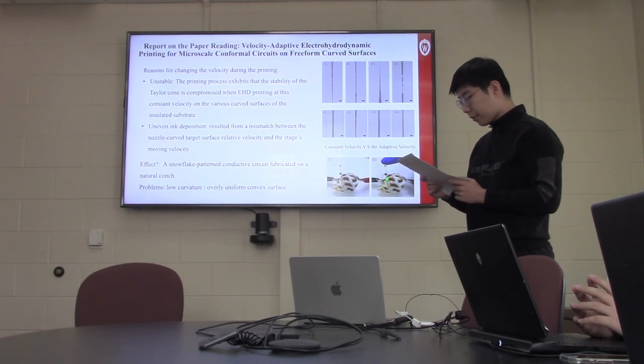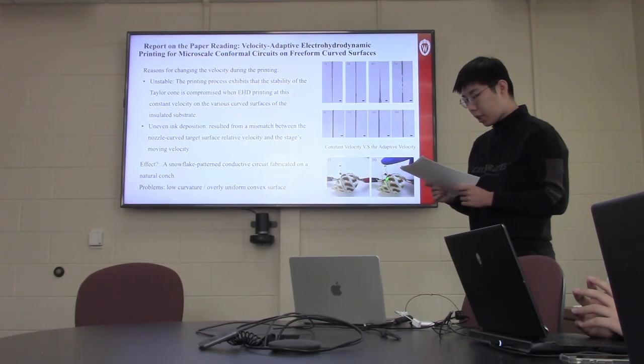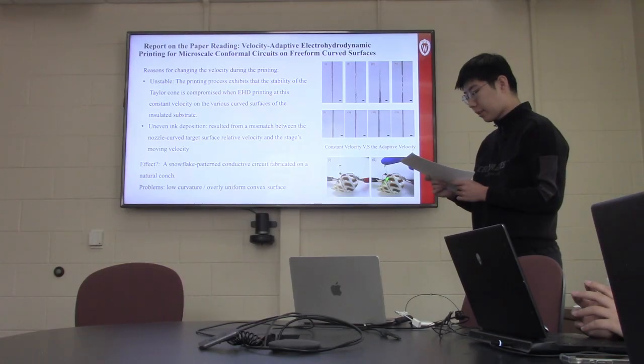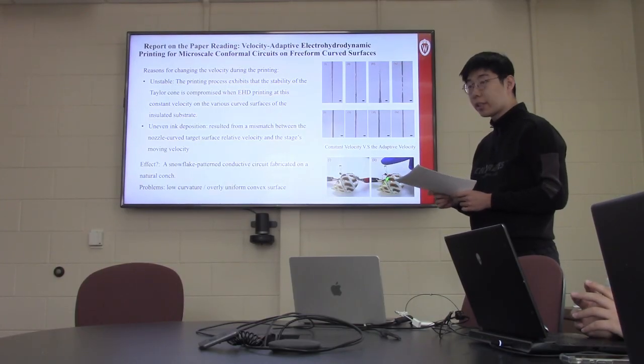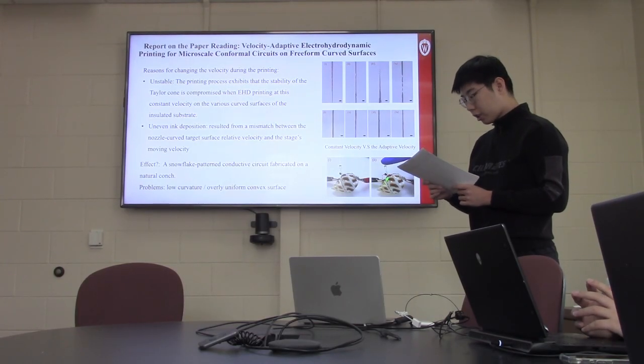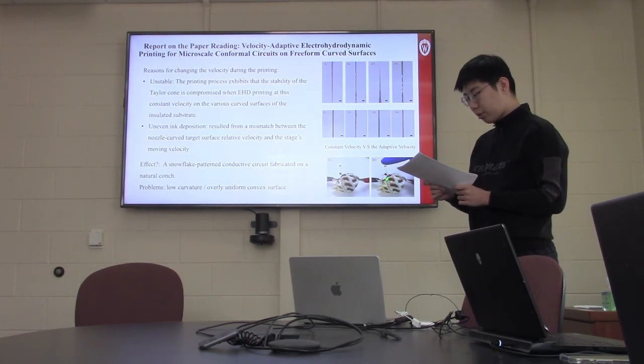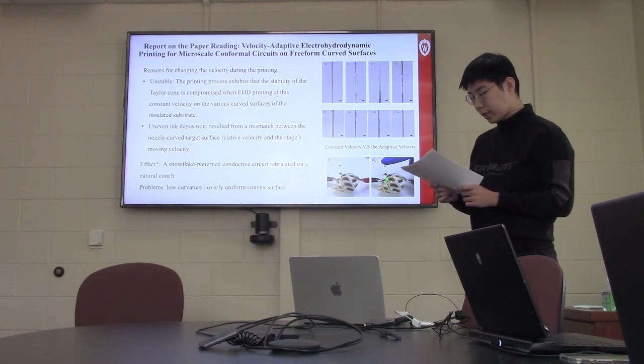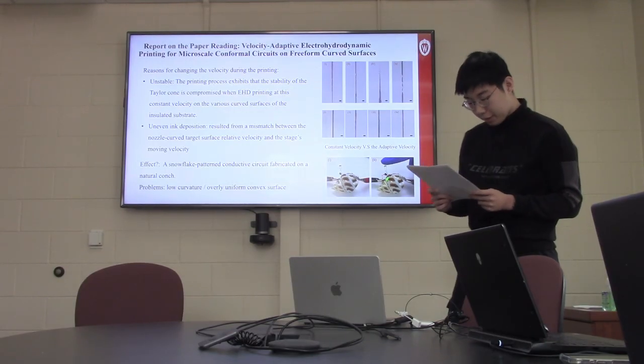Because of that, the benefits of adaptive velocity didn't really stand out in this example. When printing on complex surfaces, especially those with significant and uneven curvature changes, frequent speed variations can lead to reduced printing efficiency. Therefore, we aim to ensure efficient printing by controlling voltage characteristics such as frequency.